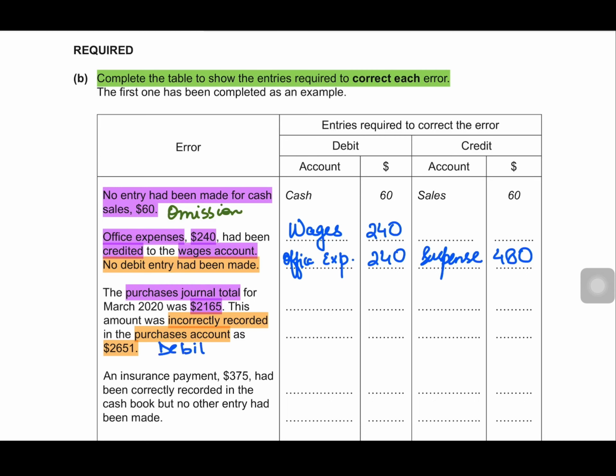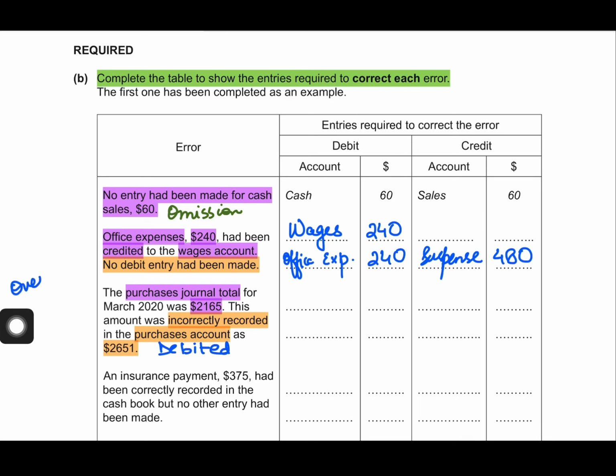So we debited how much? 2651, an increased figure. We have overstated the purchases account balance by how much? By the difference, 2651 less 2165, that would be 486. By 486, purchases account has been overstated. Now in order to bring this value 2651 to 2165, I now have to credit my purchases account, right?